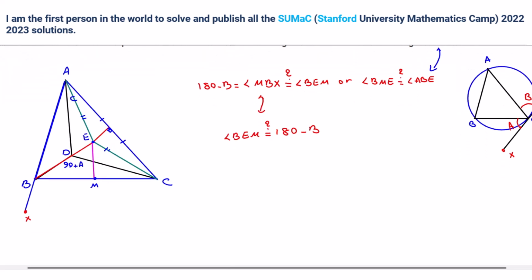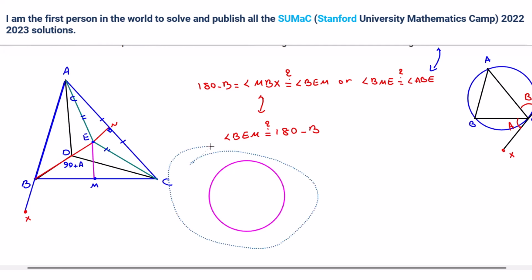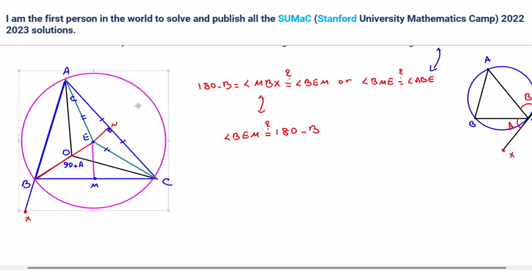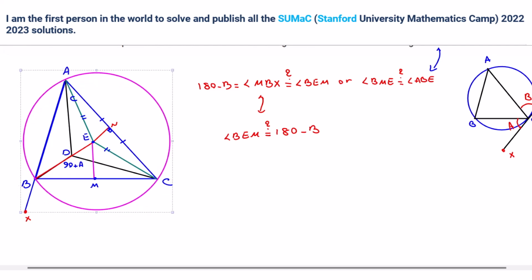Okay, here, because we have a perpendicular bisector, let's call it N. It is related to what? The circumcircle. Exactly. So let's draw the circumcircle. This one. And we have some conditions about the angles.